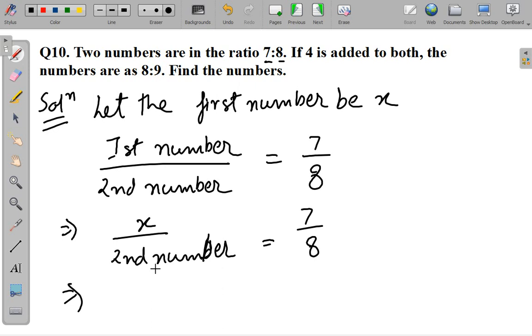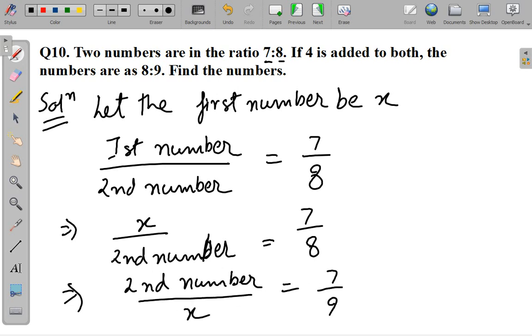Before doing cross multiplication, let us try something else. You can do this by cross multiplication as well, but try this for a change. First of all, we take the reciprocal of both sides. So this is second number upon x is equal to 7/8.